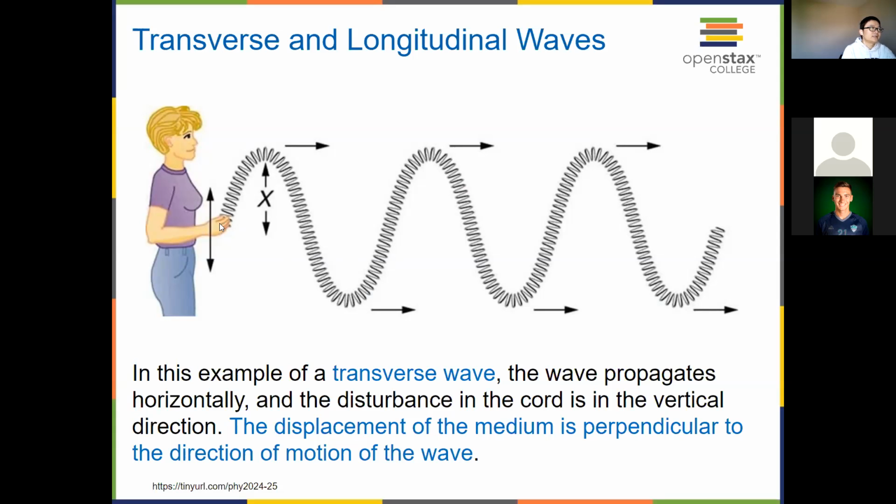Say this wave in the slinky here goes from left to right, but the media, the slinky itself, doesn't travel in the same direction as the wave, but perpendicular to the wave. So the media travels up and down at any location. The movement of the media and the wave are perpendicular to each other, so this type of wave is called a transverse wave.